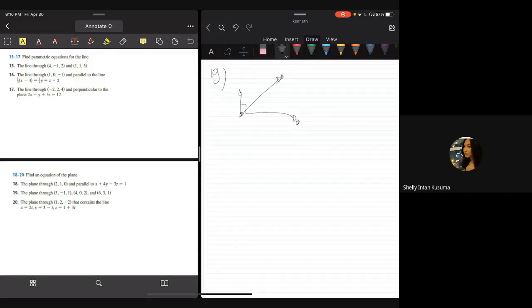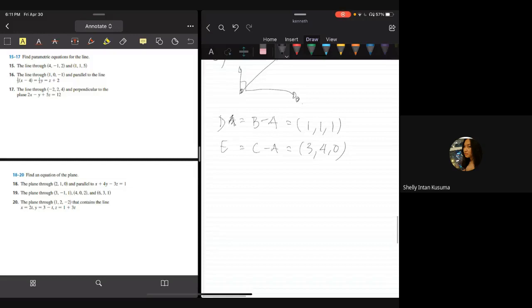So we can just use vector AB, which is B minus A, and vector AC, which is C minus A. So the point is A. So this one is just 1, 1, and 1, and the other one is 3, 4, and 0.